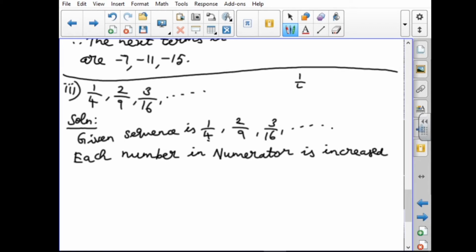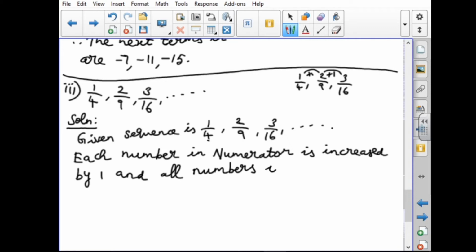The given is 1 by 4, 2 by 9 and 3 by 16. We have to add with plus 1. Here also add with plus 1. So increased by 1. And all numbers in denominator are consecutive square numbers.